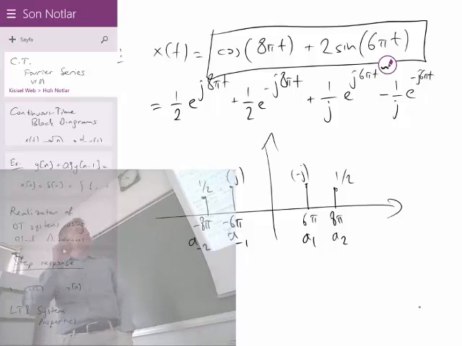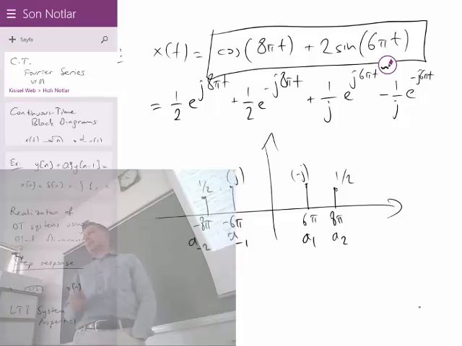Whatever that fundamental frequency is, all the frequencies of the harmonics must be integer multiples of the fundamental frequency. As you see, if the fundamental frequency is 6 pi, then 8 pi is not an integer multiple of that. So 6 pi is not the fundamental frequency.